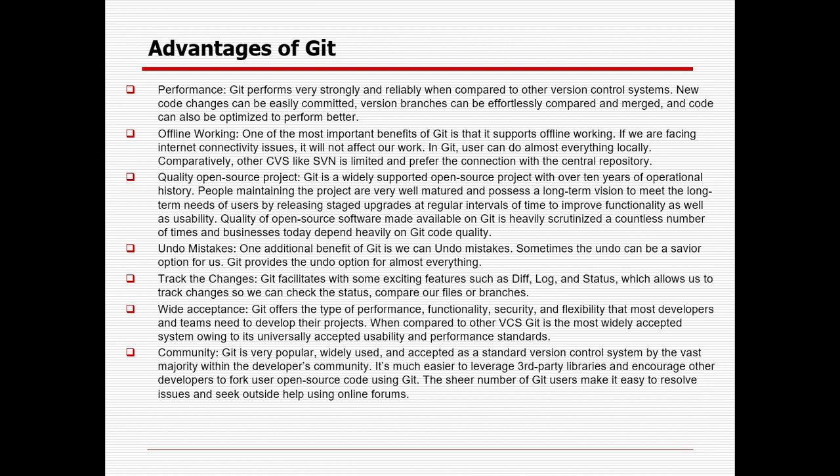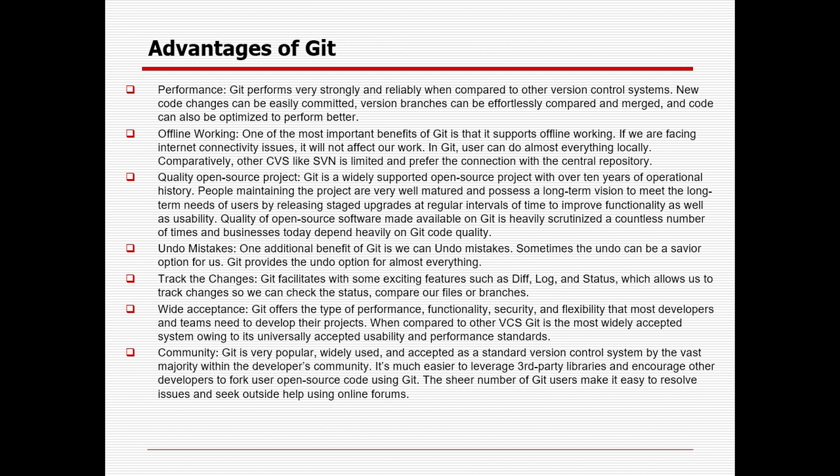The quality of open source software made available on Git is heavily scrutinized a countless number of times, and business today depends heavily on Git code quality. So Git's open source code, right? For the long term, definitely we can use it. It's very secure and well established.